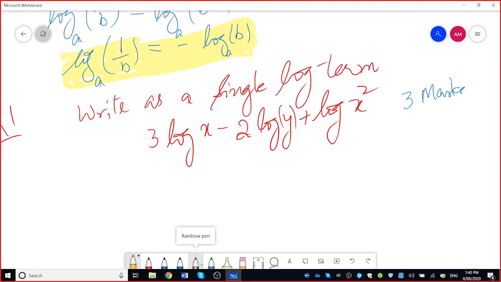Let me write it and then we see. 12 log bracket x times x over y in brackets. So it becomes x square over y, because they are inside.